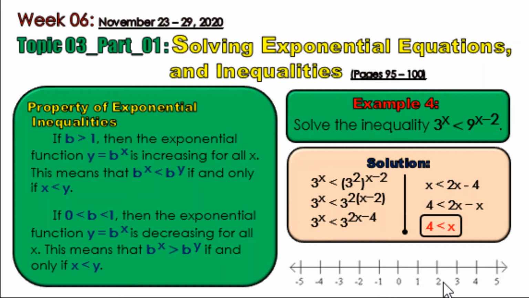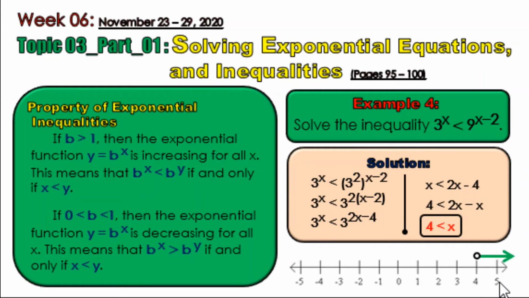Okay, so it means to say that in this illustration, this is 4 and the values of x are greater than 4. So all the values greater than 4 could be the possible values of x. And remember, this is a hollow point, which means that 4 is not included as the value of x.